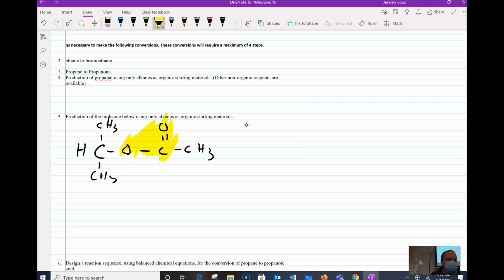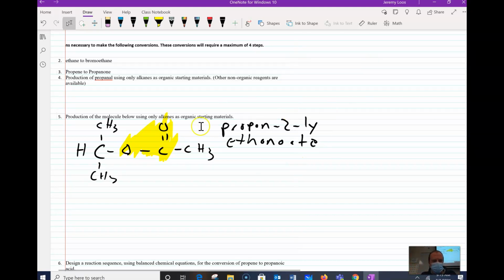It's an ester. So we're going to have to make some kind of ester. It's a little weird because the attachment is a little bit different than we're used to as far as naming an ester. This specific type of naming is not required.